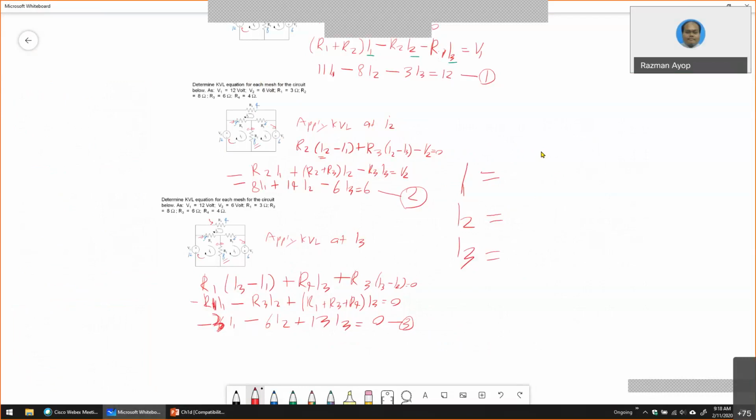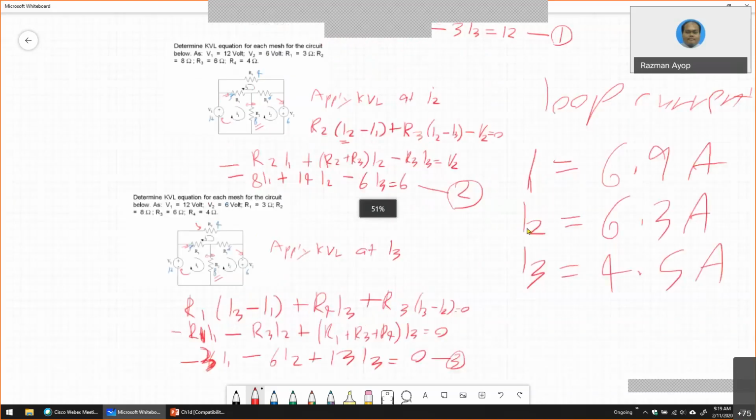What is I1? Anybody can tell me? 6.9 ampere. This one is 6.3 ampere, and the last one is 4.5 ampere. So all of these are called loop currents.